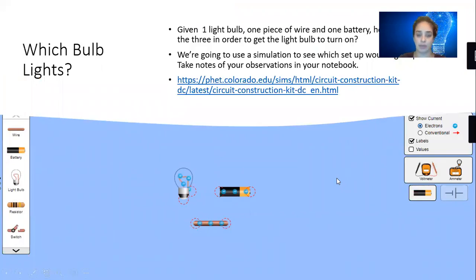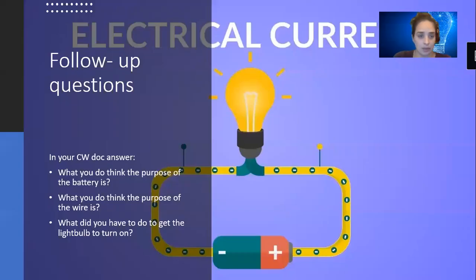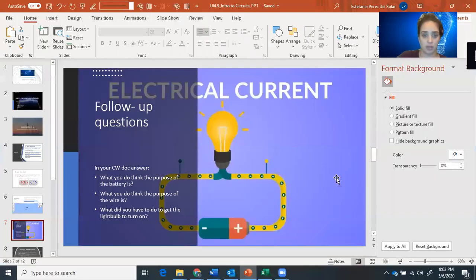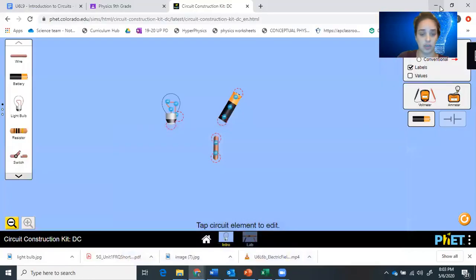So hopefully you came up with at least one method, one way for these to light up. Actually, sorry, I'm going to show you guys. So one way of having this light is you can connect the wire here to the battery. So now my wire and my battery are connected. And I'm going to move my light bulb closer.